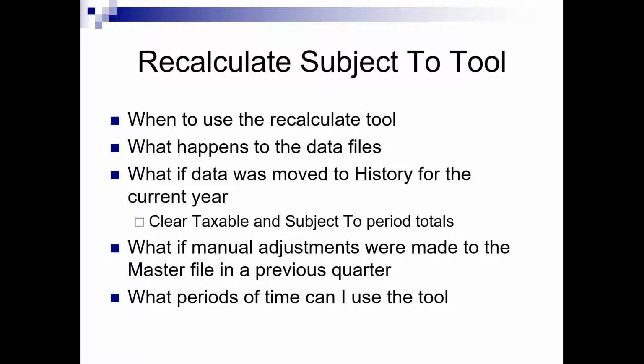Okay, so again, we can adjust prior month, prior quarter, prior year checks that exist within the current file or the history file. And then again, we can correct the current month, the current quarter, and the current year. So we should be able to correct any time frame that you need, whether it's in the current year or prior.